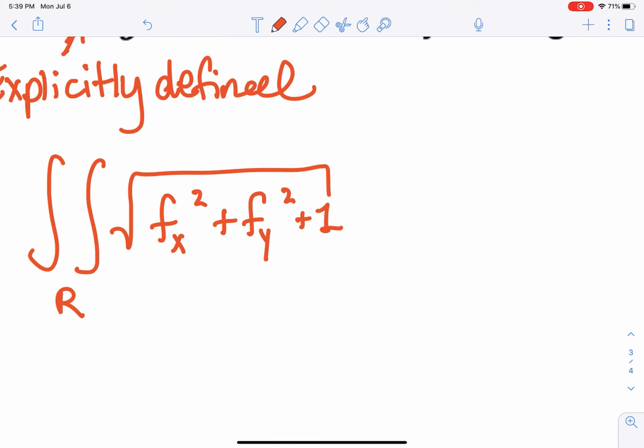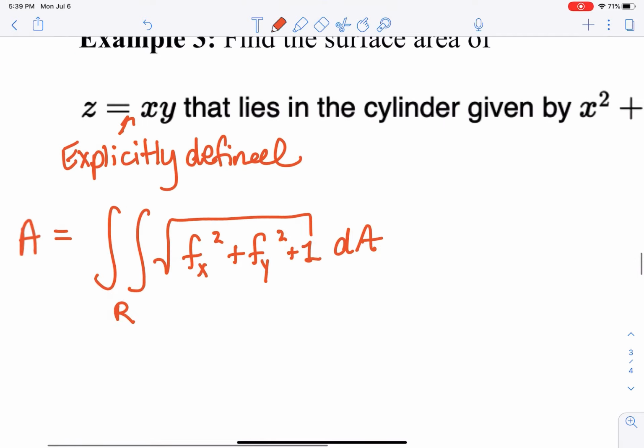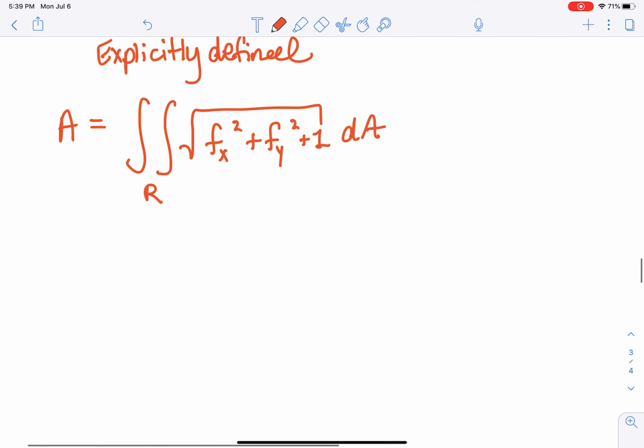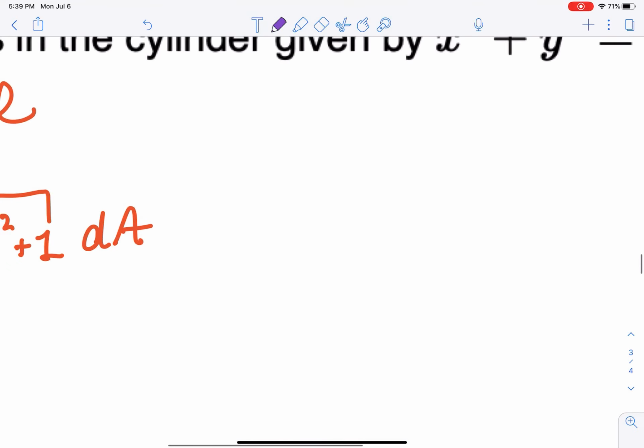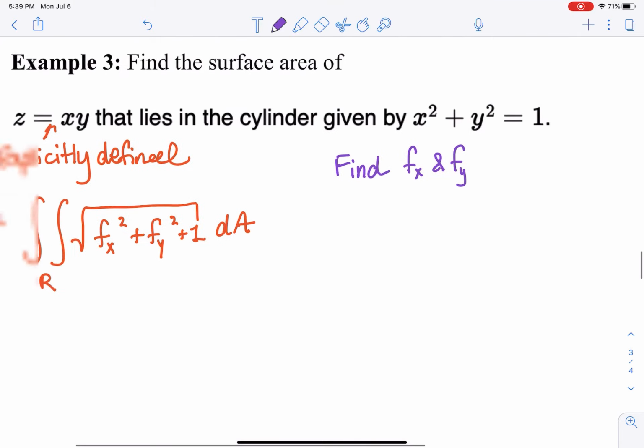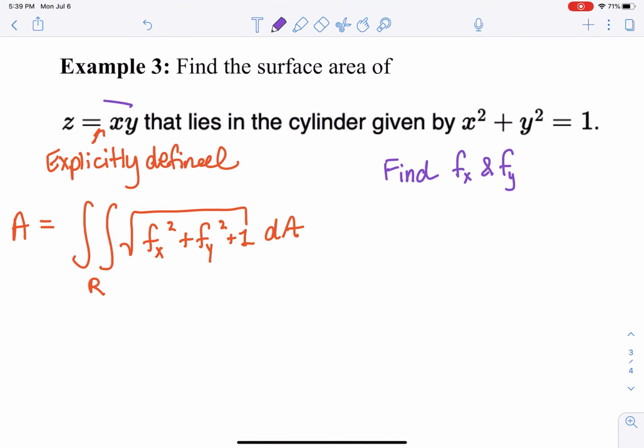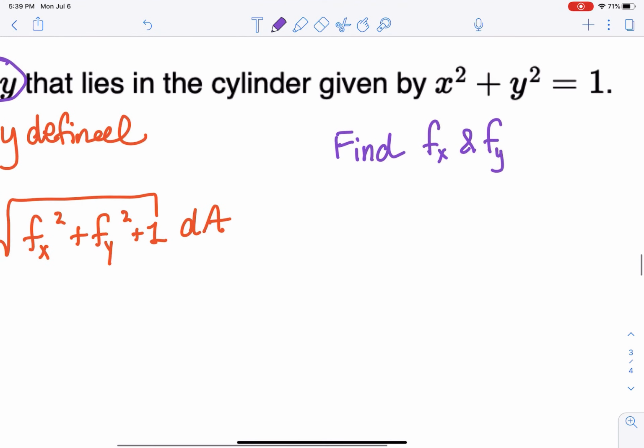And then it would be dA. So that's the formula we're trying to fill in. Let's get our components real quick. So first we'll find our two partial derivatives of this surface, right? So that's pretty easy. So fx is just equal to y, and fy is just equal to x.